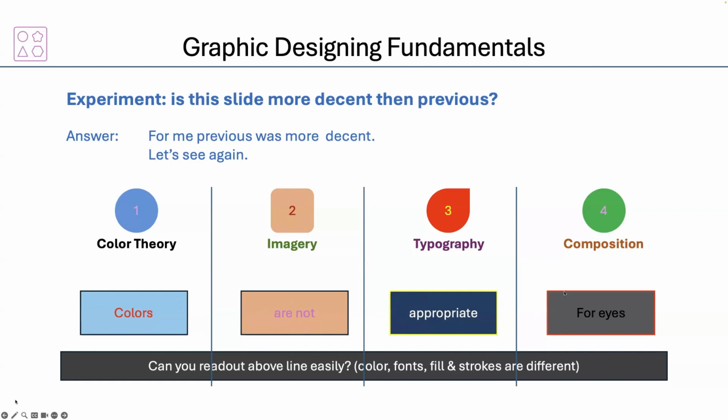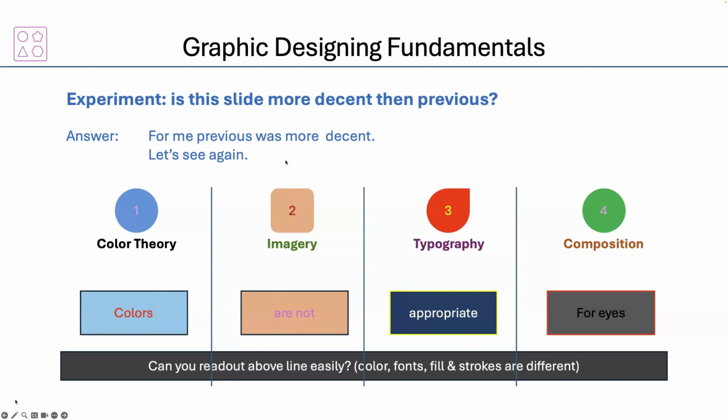And here the red stroke and gray and black fonts, this combination is also not suitable for me. Basically, we should use similar types of colors in our graphic designing. Okay, and this is not easily readable.